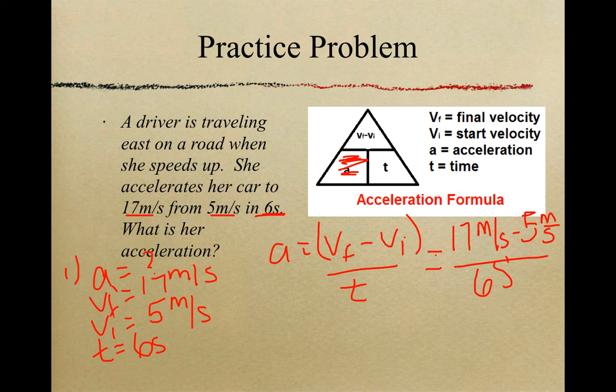Plug that into my calculator. 17 minus 5 gives me 12 meters per second divided by 6 seconds. 12 divided by 6 gives me 2. And then my acceleration units, meters per second squared. Okay, and the squared only applies to the seconds part.